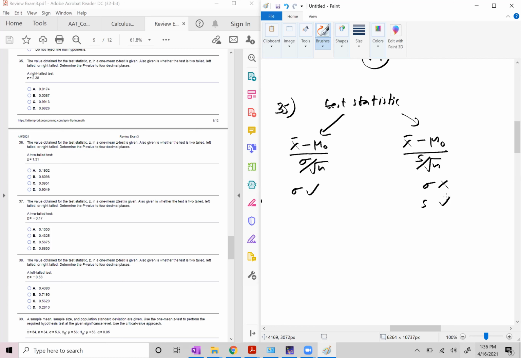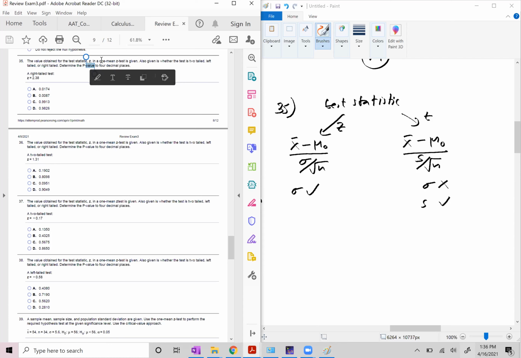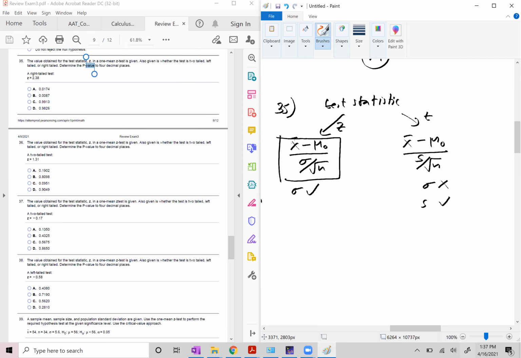Now, this is called the z statistic. This is called the t statistic, t test statistic. So the value obtained for the test statistic z means they are using this equation, right? Now there are certain questions where you need to calculate this test statistic using this formula.